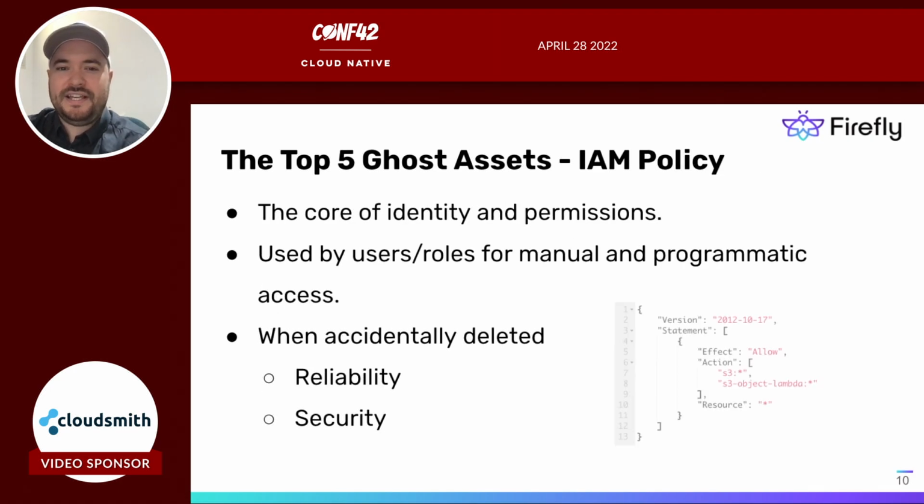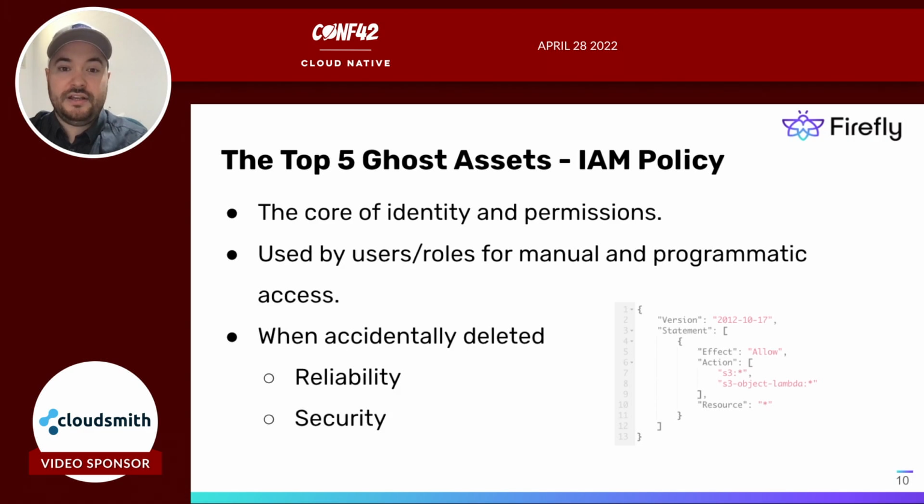IAM policy is at the core of identity and permissions. Any user or role can be attached to it and get its needed permissions, such as writing or reading from specific services. It is used for manual and programmatic access. Managing policies as code has tremendous advantages, especially when implementing least privilege permissions.